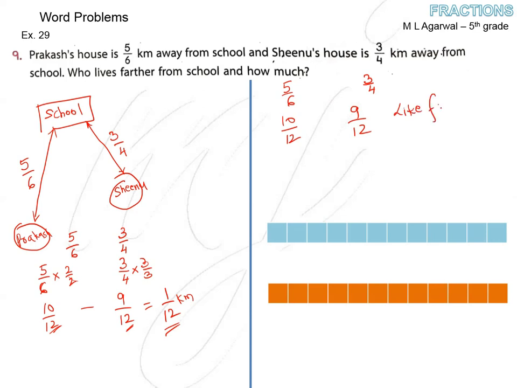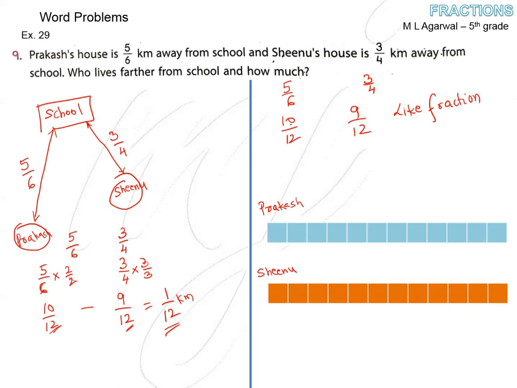So this is Prakash's house and this is Shinu's house from school. And both are divided into 12 equal parts. 1, 2, 3, 4, 5, 6, 7, 8, 9, 10, 11, 12. Now Prakash has 10/12.